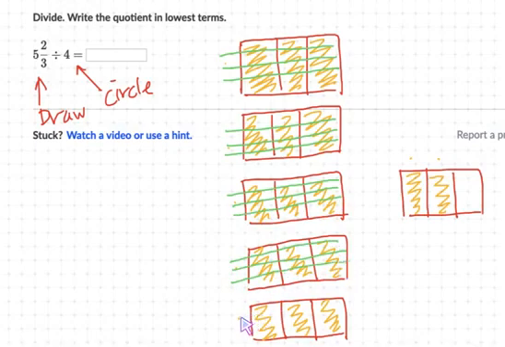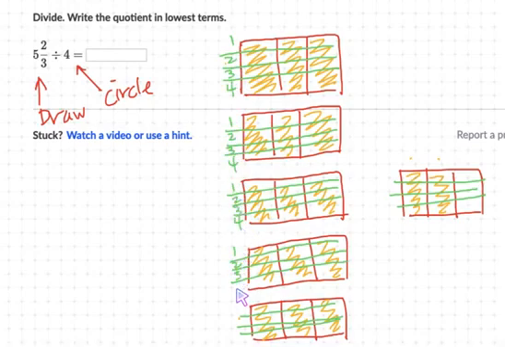We want to divide it into parts for each of those 4 people. So each person gets 1 of those parts. And then in order to find the answer, I would count up how much each of those persons gets.